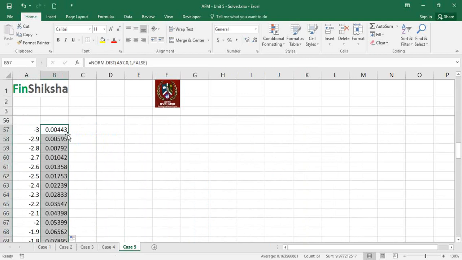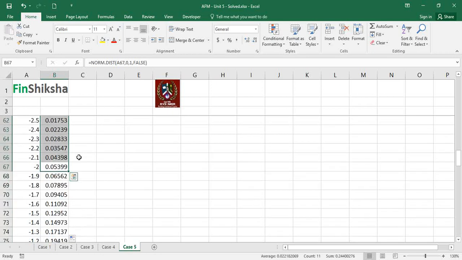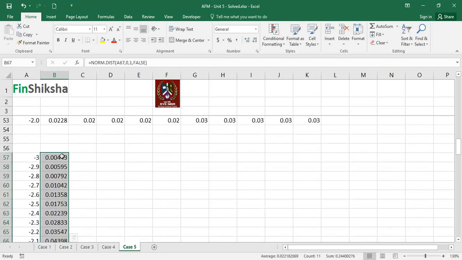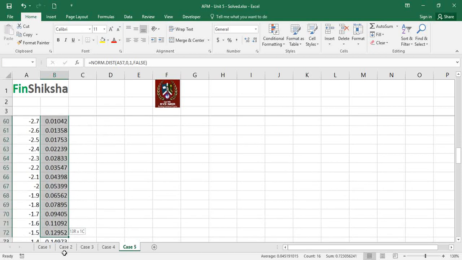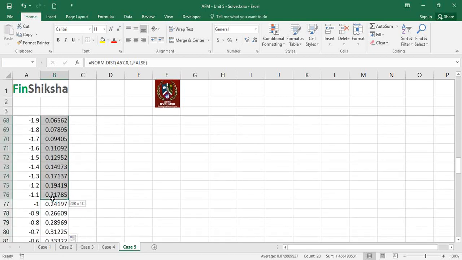Once I double click this, what will happen is, essentially, if you were to look at what's the cumulative function? Cumulative function is just the sum of all these. So if I was to look at the cumulative function for 1, right?